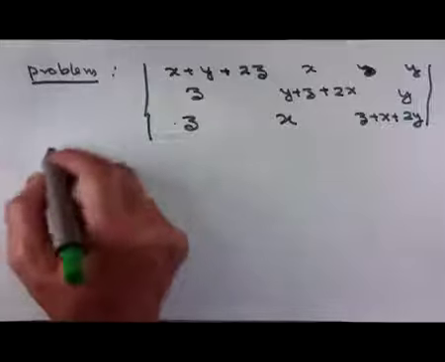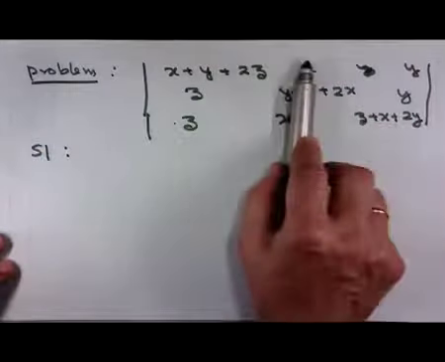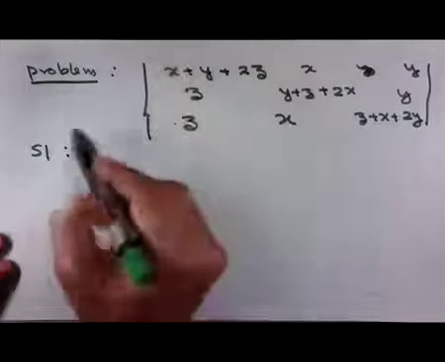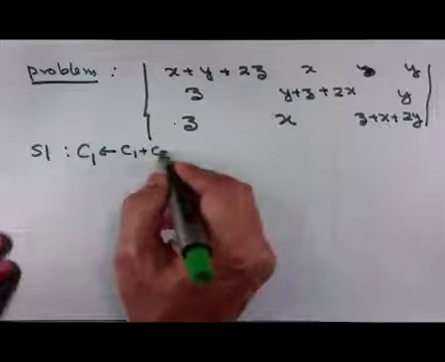What will we do? Step 1, we first add column 2 to column 1. C1 becomes C1 plus C2.